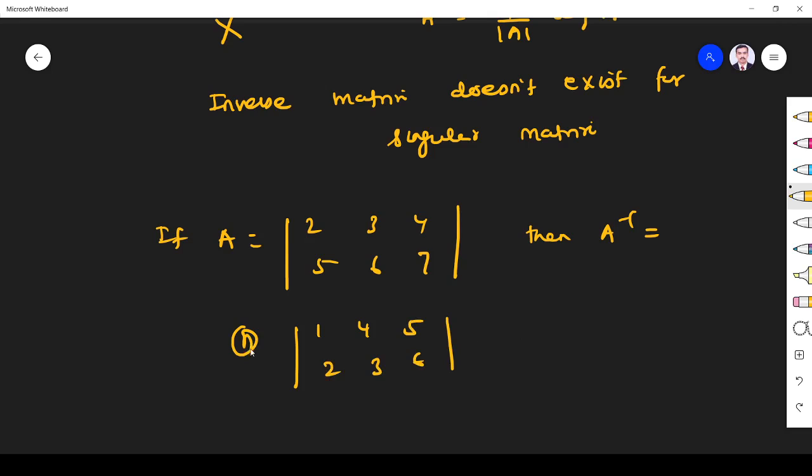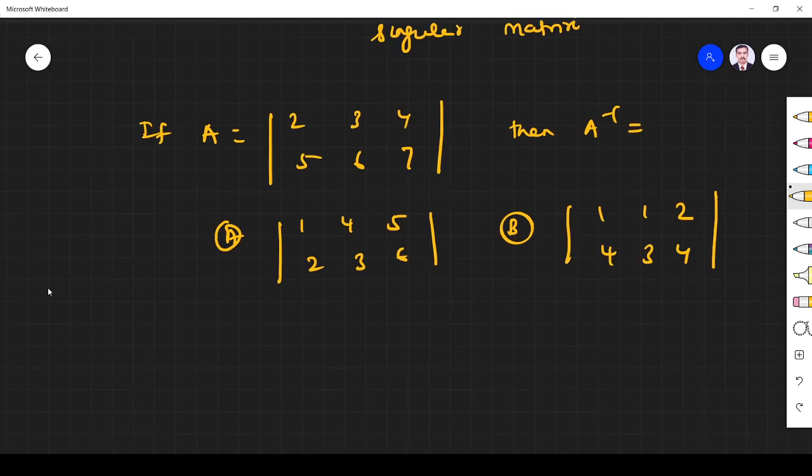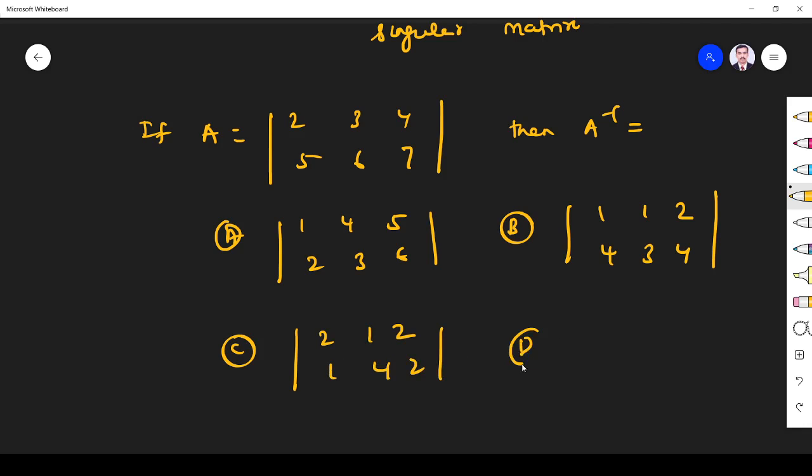Option B is 1, 1, 2, 4, 3, 4. And C is 2, 1, 2, 1, 4, 2. D: cannot be determined.